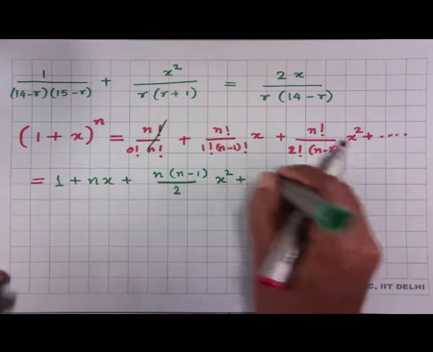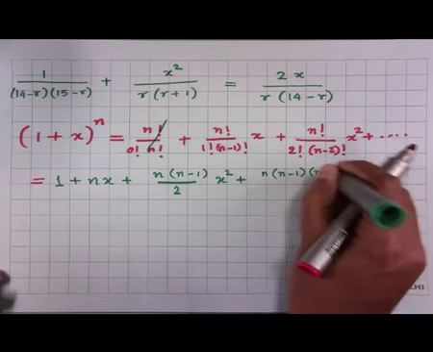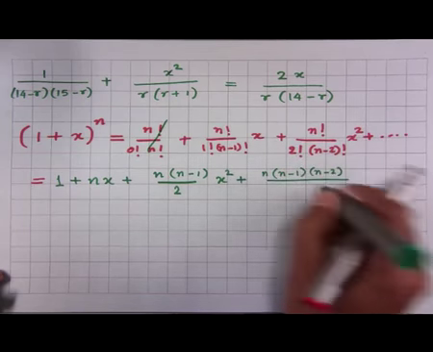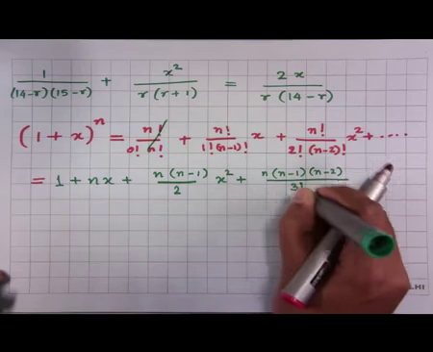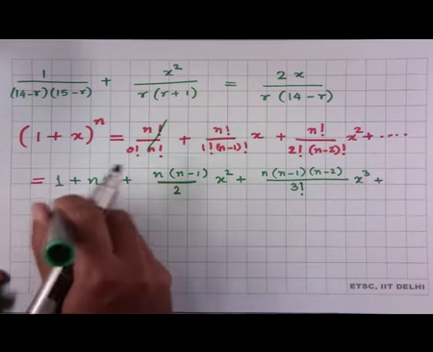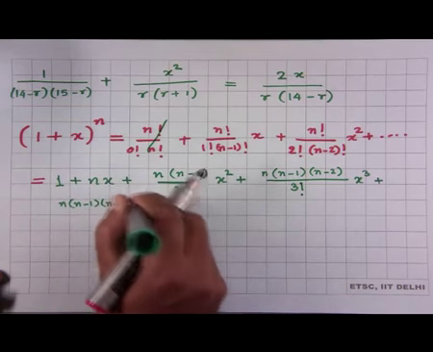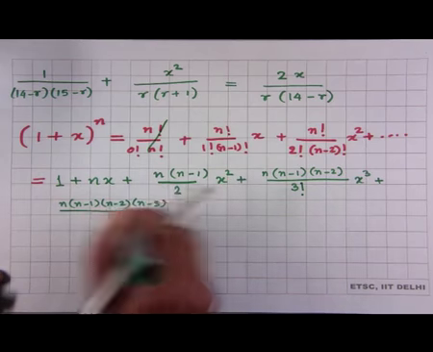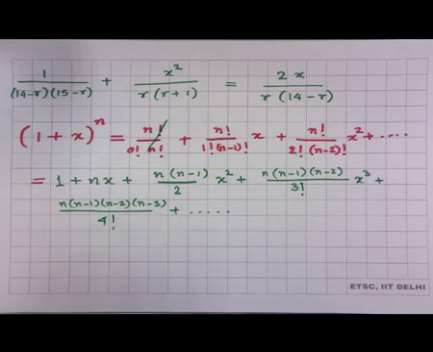And the third term is going to be n into n minus 1 into n minus 2 by factorial 3. Okay. So, I am just rewriting the binomial theorem, it is just a rewrite so far.